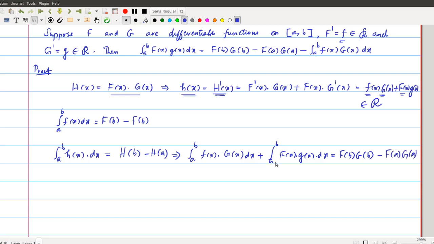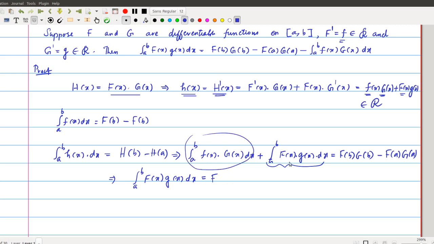Now you rearrange these terms. We write the second term on the LHS first. So that will be integral a to b capital F of x small g of x dx. That will be equal to, we transpose this term to the right hand side.